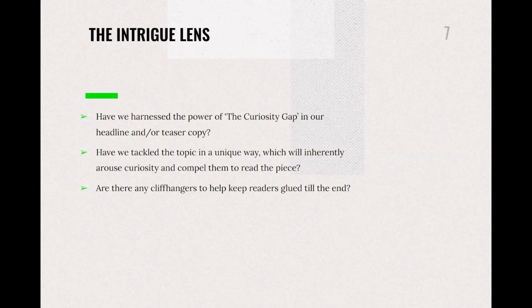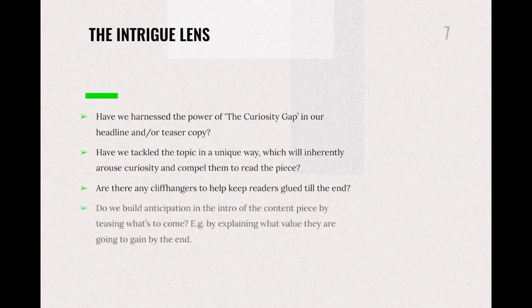Try to build anticipation by saying, by the end of this article, you will know X, Y, and Z, or tell a story and don't close the story, don't finish the story, leave a gap, then get to the meat of your article, and then at the end close the gap in the story, and people will just feel compelled and intrigued so much by that cliffhanger that they'll want to keep reading, and it's just a way to keep them gripped, which is what we want to do.